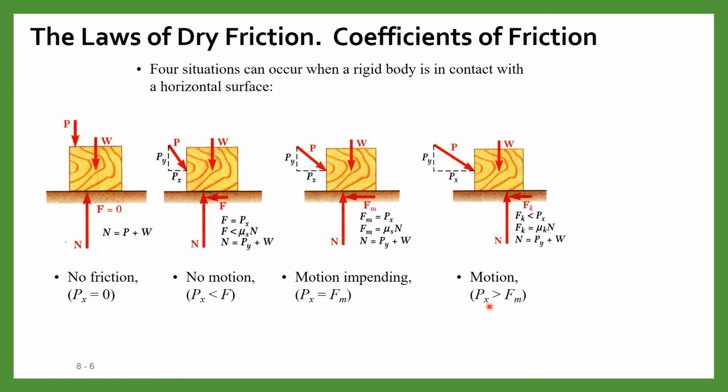So in that case Px is greater than the frictional force. So when there is no motion, then Px is less than the frictional force. When motion is just about to start, then the applied force is equal to the frictional force, and when the motion has started, then the applied force is greater than the frictional force.